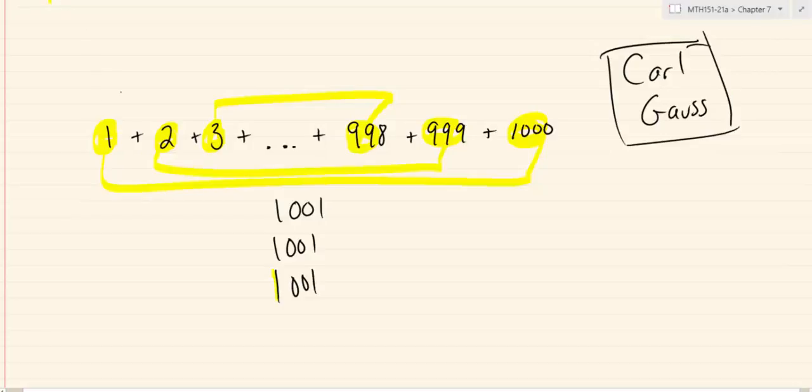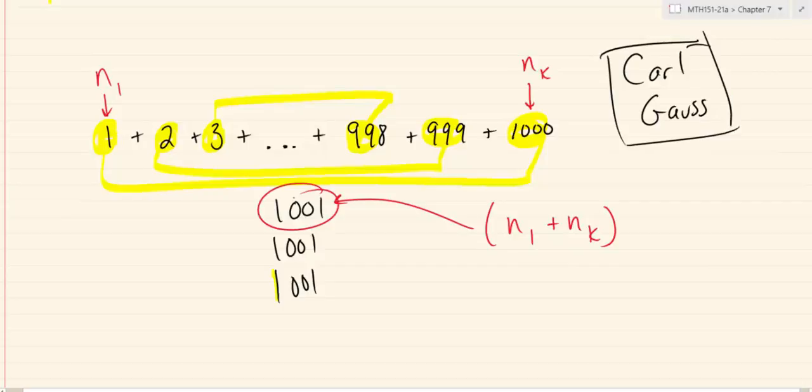We'll call this number n sub 1, and we're going to call this number n sub k. In this case, k is 1,000. So you take n sub 1 plus n sub k, and that gives you this number. And then how many pairs are there? 500. In our specific case, it's 1,000 divided by 2.